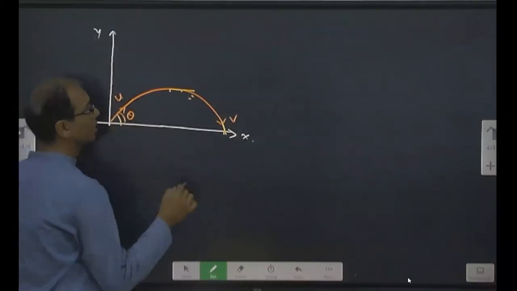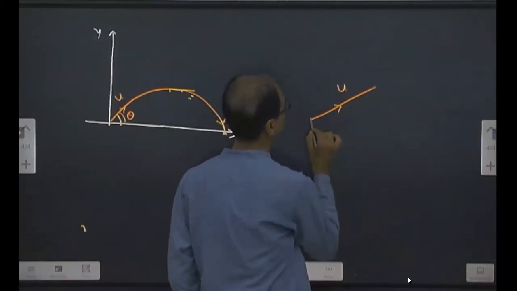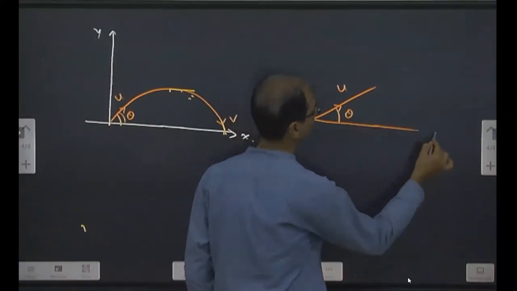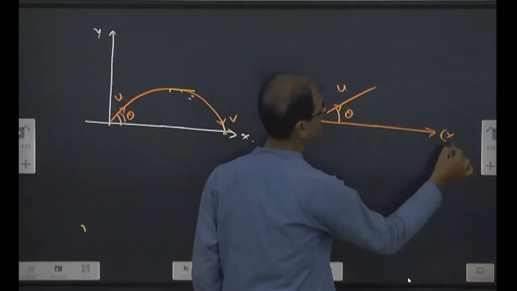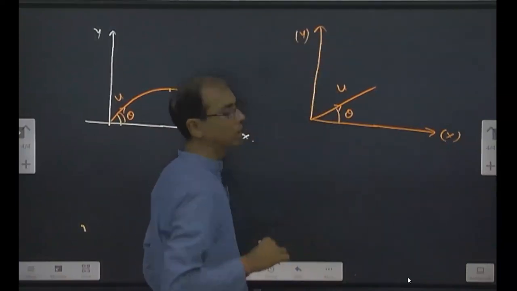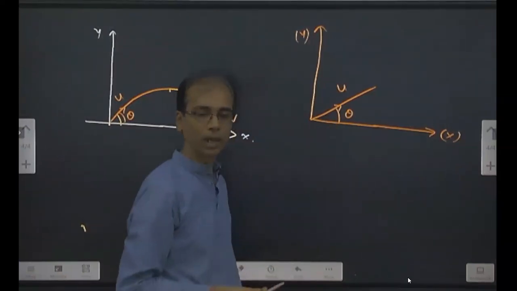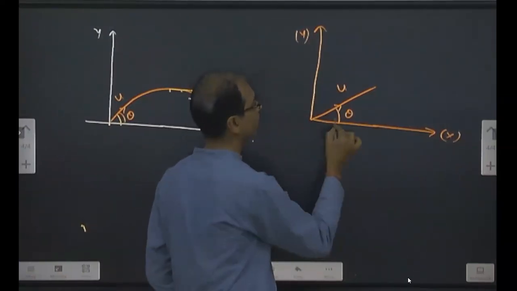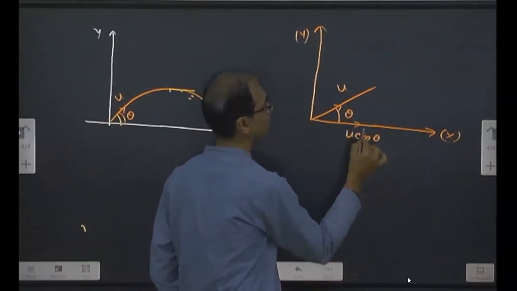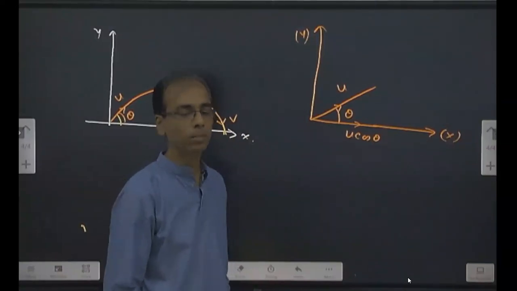So this u that we have shown is like this, and it's making an angle theta over here. This is horizontal along the x-axis, and this is vertical. The component along horizontal is adjacent to the angle, and adjacent to the angle is always the cos component: u cos theta.